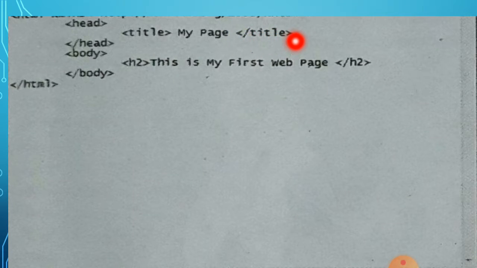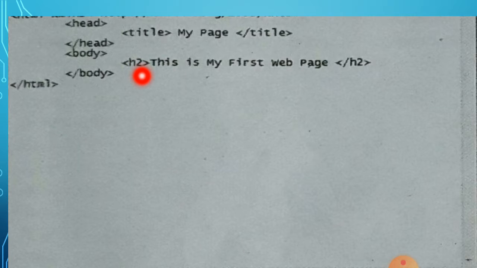It must be provided within angle braces, that is, the less than symbol and the greater than symbol. Within the body we write our program. Within our body tag we are going to provide the description of our program, with a body opening tag and then a closing tag.